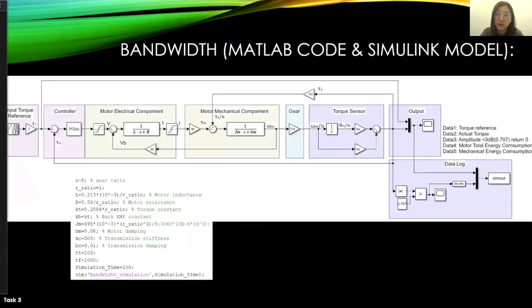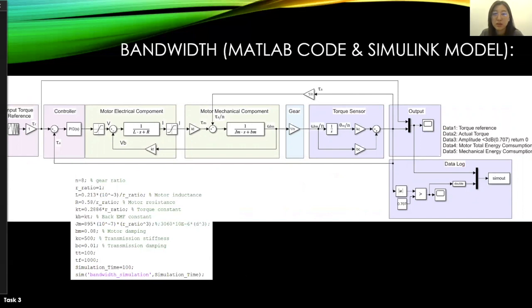meaning that the back drivability in the quasi-direct drive actuator is proven to be higher than the series elastic actuator. For the bandwidth Simulink model, the components are basically the same as the back drivability model, other than the input torque we have to put here.